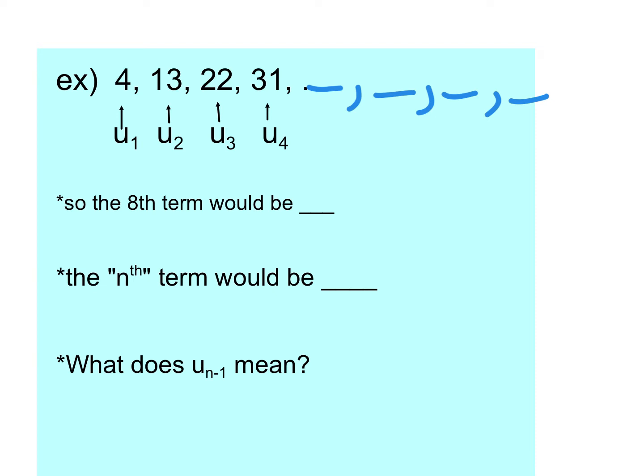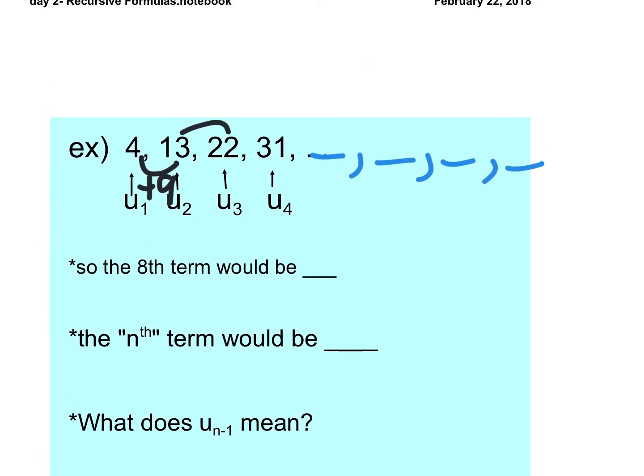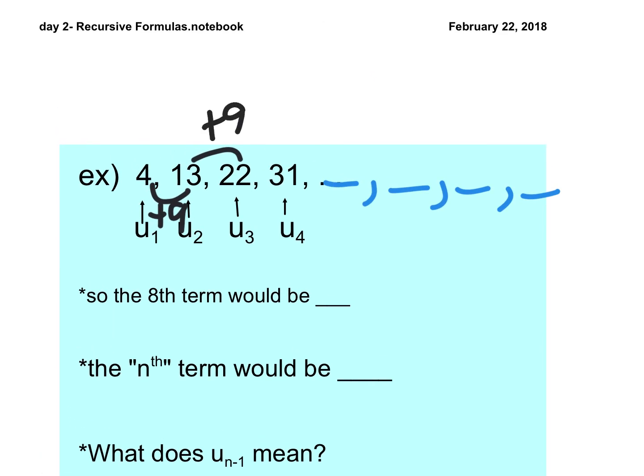All right, so the 8th term would be what? Well, first let's figure out what's happening. It looks like they added 9. And did they add 9 again? Yep. That's a common difference then. They kept having a difference of 9. So I just have to add 9, and I can do that in my head. It's 40, and then 49, and then add another 9, 58, add another 9.